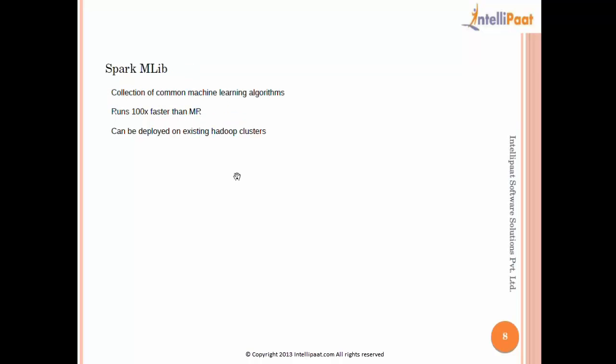Spark MLlib is a collection of machine learning libraries which I mentioned. It runs 100 times faster than MapReduce. Like I mentioned before, this is possible because of the way Spark stores data. It stores it in memory, so it's 100 times faster than your conventional MapReduce jobs. So it runs considerably faster than Mahout.